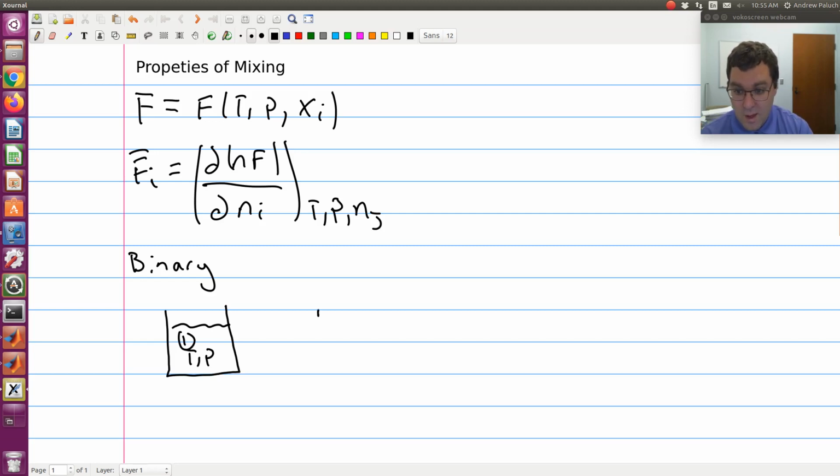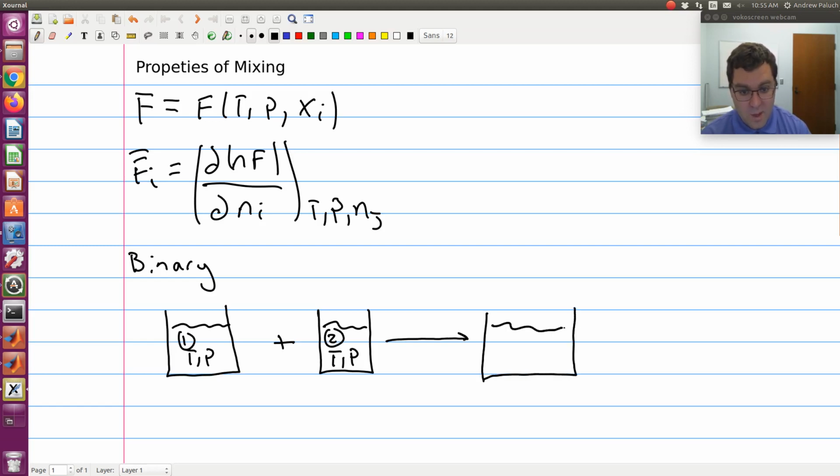I also have a beaker of pure component 2, which is at the same temperature and pressure. So what I'm going to do is mix those beakers together to form a new beaker 3, which will be component 1 plus component 2. It's going to be composed of the mixture formed by mixing component 1 and 2.